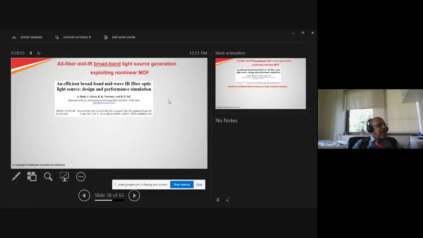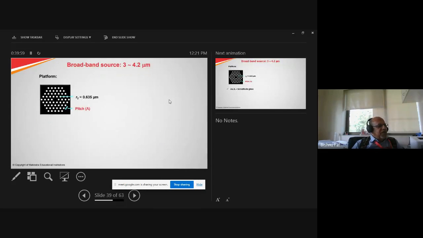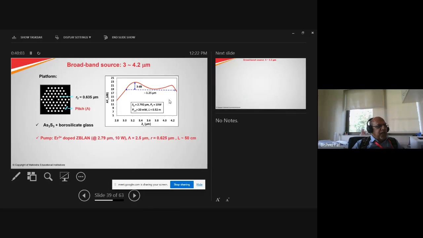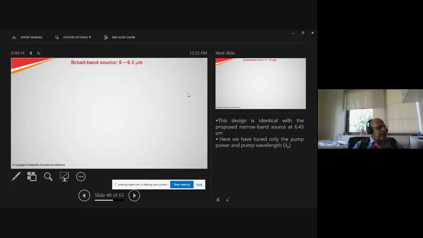We went ahead and designed more such fibers for broadband sources, and these are the papers. These are all there in those publications. For example, this bandwidth is about 1.25 micrometer. The structure was borosilicate glass and As2S3 chalcogenide, and the pump was an erbium-doped zirconia fiber laser at 2.27 micrometer.